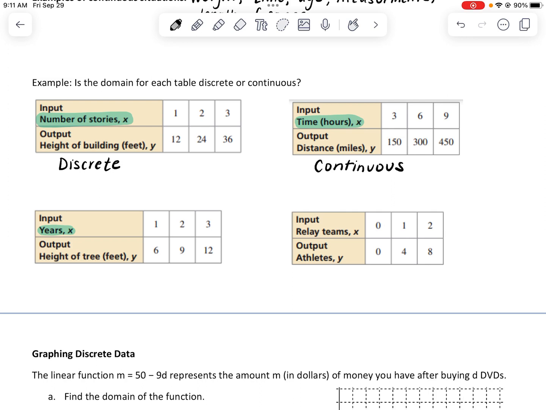Or can you be 1 3/4 years old? Yes, it's along the same lines as time, so that is also continuous. And then the last one, we're looking at the number of relay teams. I don't have half of a team, otherwise I can't really compete, so this would be discrete. I'm going to have no team, 1 team, 2 teams, so on.